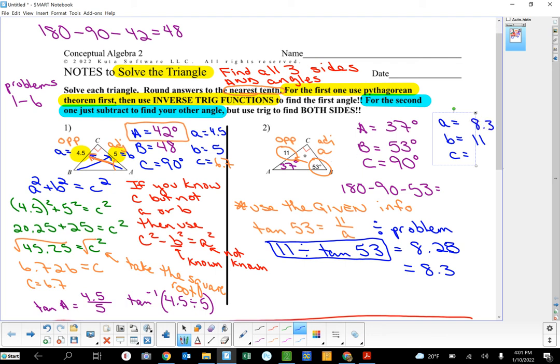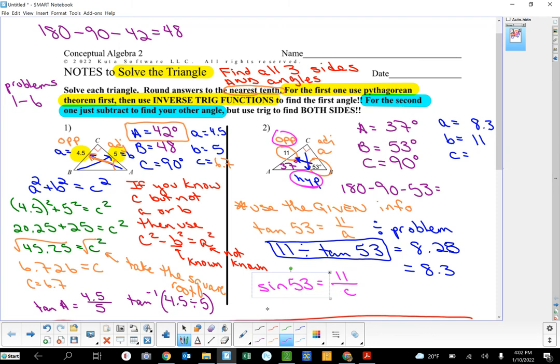And now I'm going to use trig also to find side C, which is going to be my hypotenuse. Okay, I'm still going to use the opposite being my 11. So let me change my pen color here. Now I'm going to go opposite and hypotenuse. Well, that's my sine. Sine of 53 is opposite over hypotenuse, which is my side C. So now we're going to divide again, right?